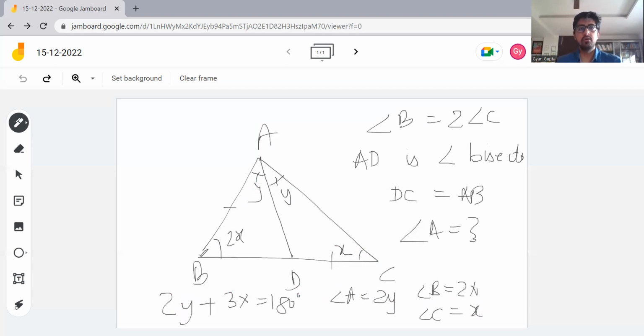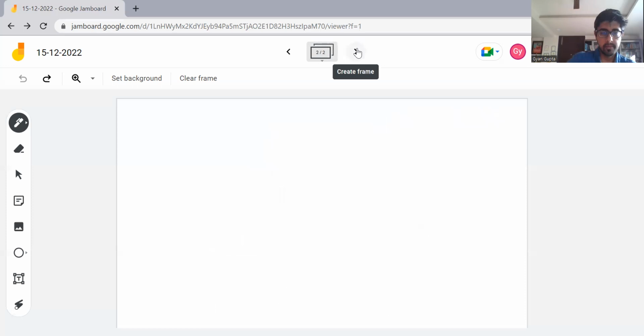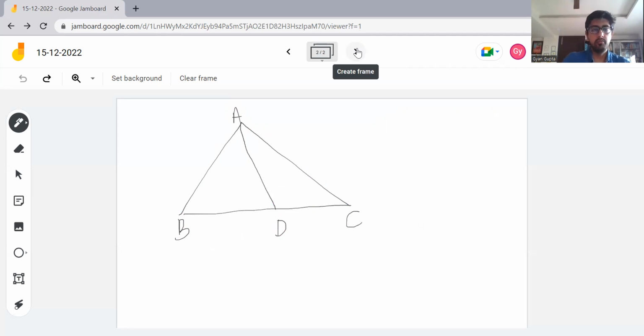Now, let's proceed to solving the problem. Whatever I'm going to draw in blue are going to be the constructions that will help me solve the problem.